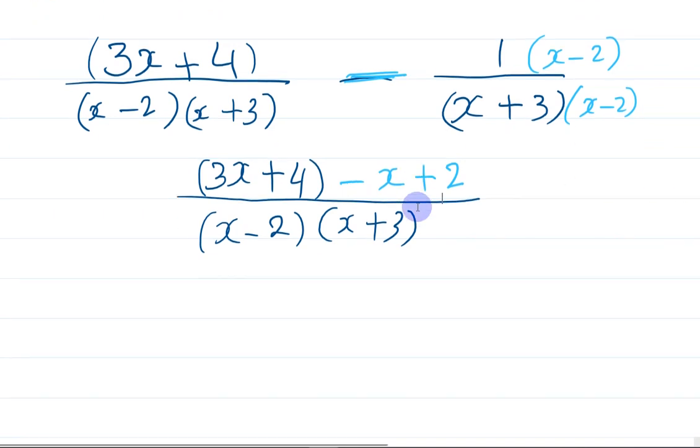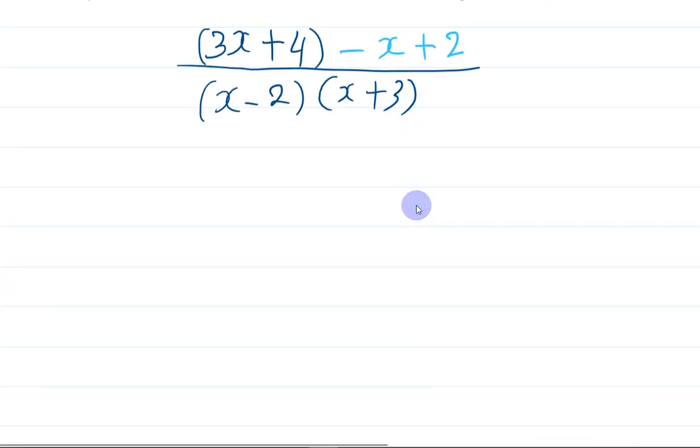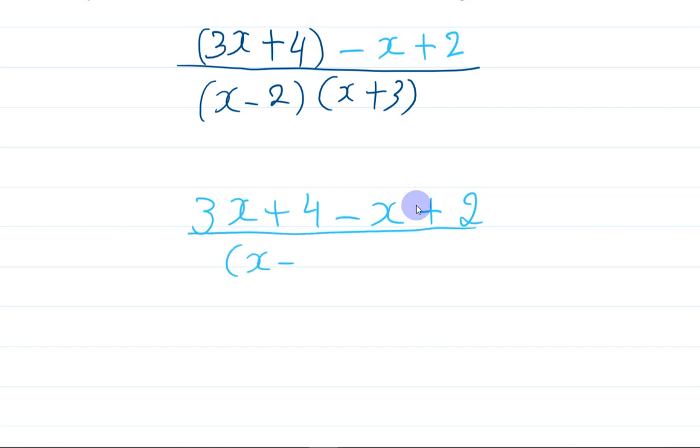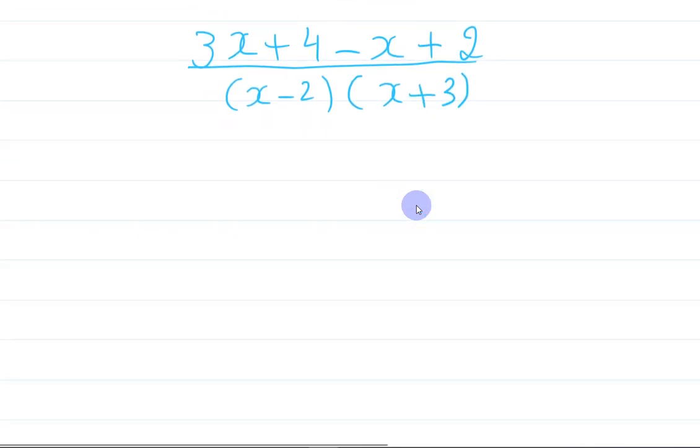Now it becomes easy to make my calculation. I have here 3x plus 4 minus x plus 2, divided by x minus 2 times x plus 3. Excellent. Now I'm going to add the like terms. What like terms do I have here?